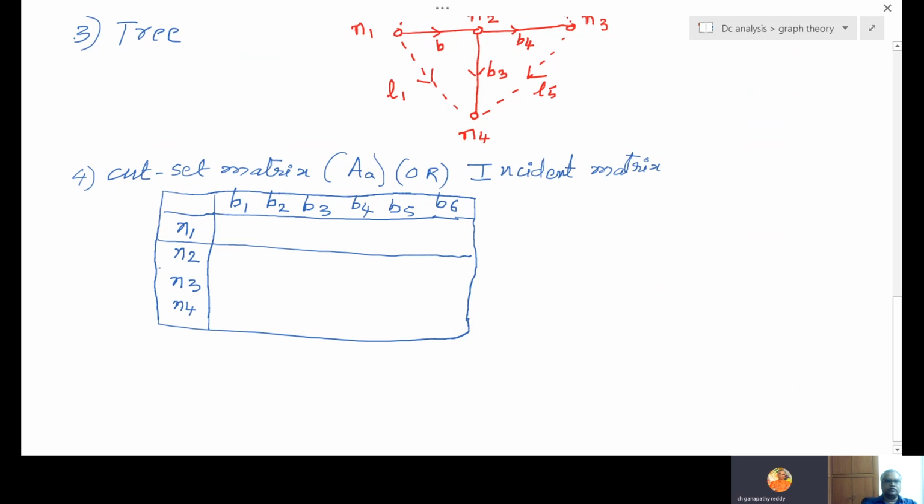So this matrix we have to fill up. So it is based on cut set.